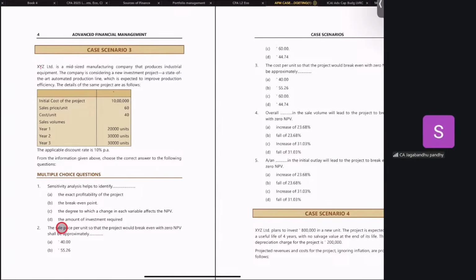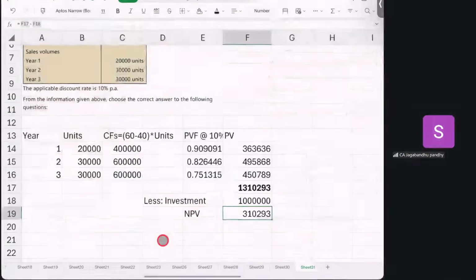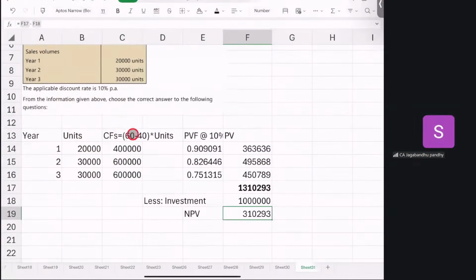So you want to know what should be the sale price which will lead the project to have a zero NPV. So I need to change this sale price so that the NPV turns out to be zero. So how do we go for this?